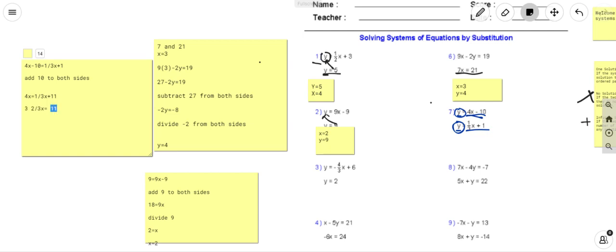So 11 divided by 3 and 2/3. If you use a calculator, make sure to use parentheses when needed. It would be 2.4 repeating.